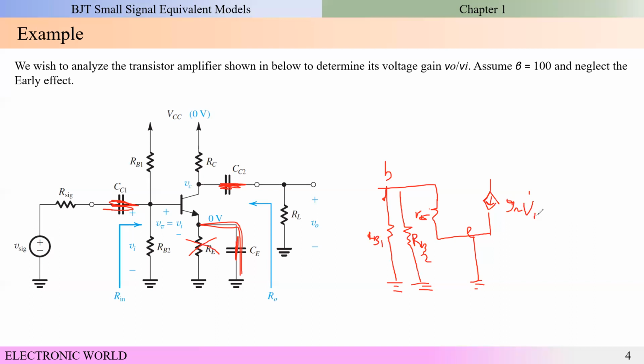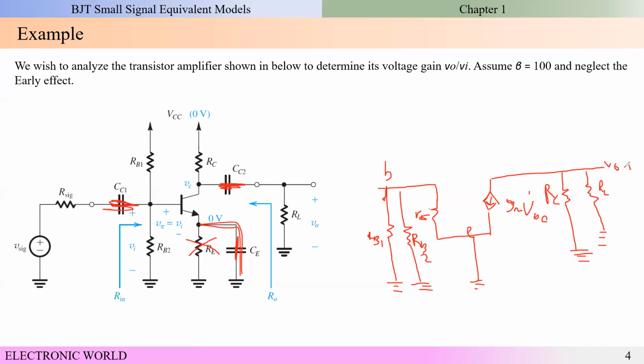And there is an RC resistor connected to the ground because we are interested in the small signal equivalent circuit, not the bias circuit, and there is an RL, the load resistor. RC and the RL, and we take the output voltage from this terminal.